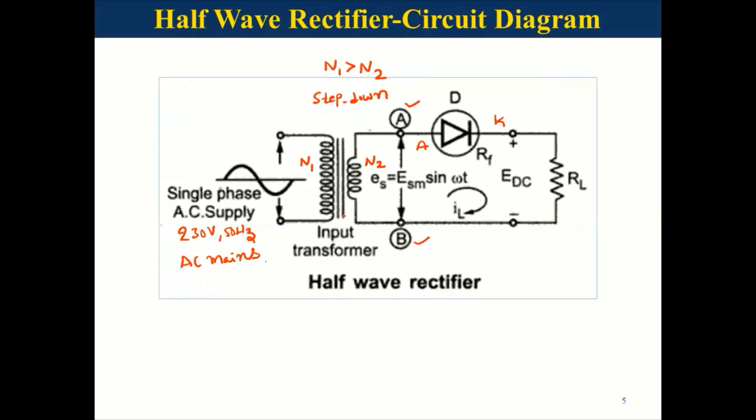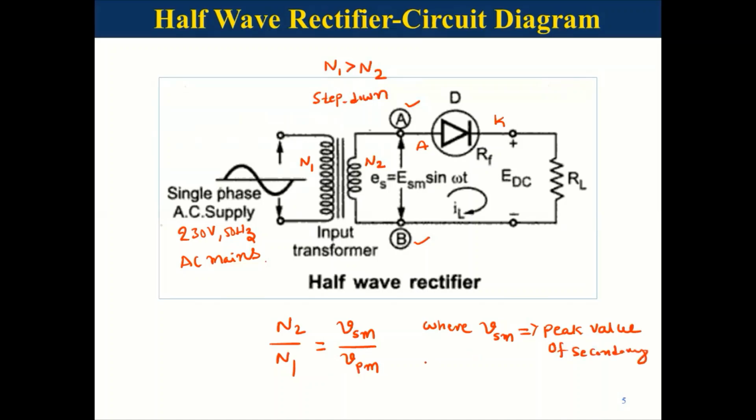In this, the turns ratio of this step-down transformer is N2 by N1, which is equal to VSM by VPM, where VSM is the peak value of the secondary voltage, and VPM is the peak value of the primary voltage.